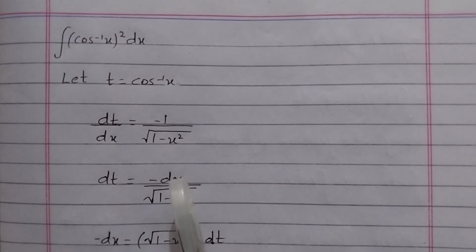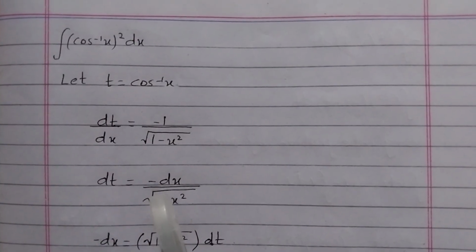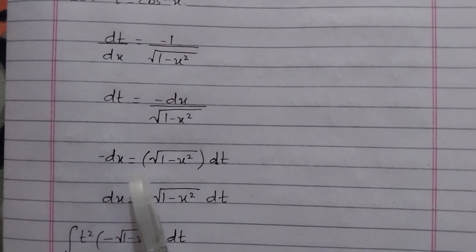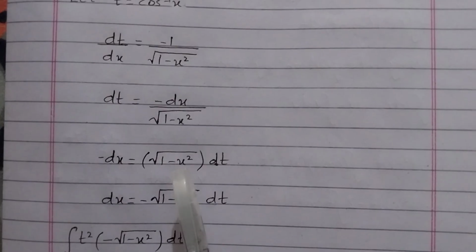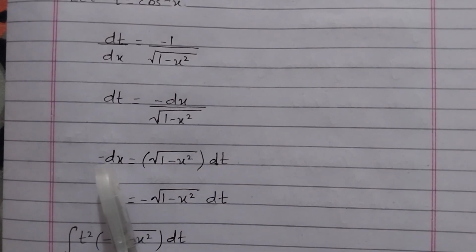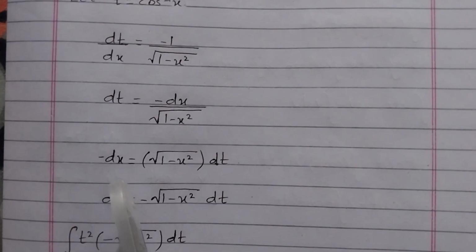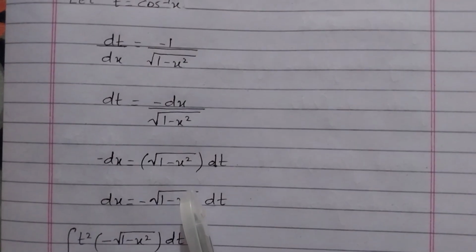We are interested in finding the value for dx, so we'll cross multiply, and by cross multiplication we'll get minus dx is equal to square root of 1 minus x square times dt. So this negative can be shifted on the other side. So dx is equal to minus times square root of 1 minus x square dt. So now we have the value for dx in terms of t.